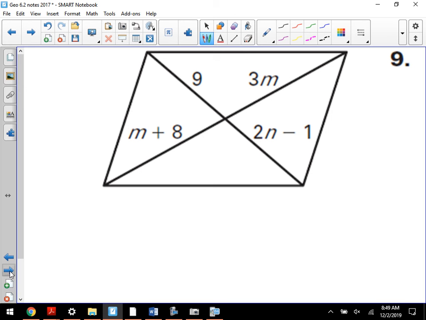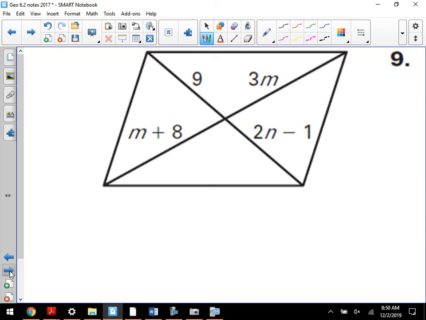That's how they set those things up, so that you can see where the correlation goes between the two. Also, it's obvious that the m's have to go together, otherwise it's not going to match. Okay. So when you're dealing with diagonals, they bisect each other. What does bisecting mean?